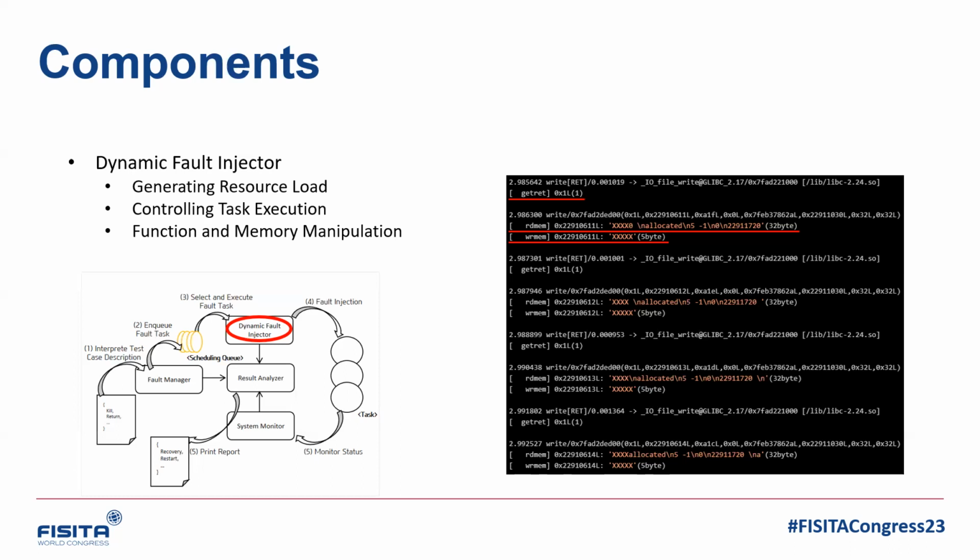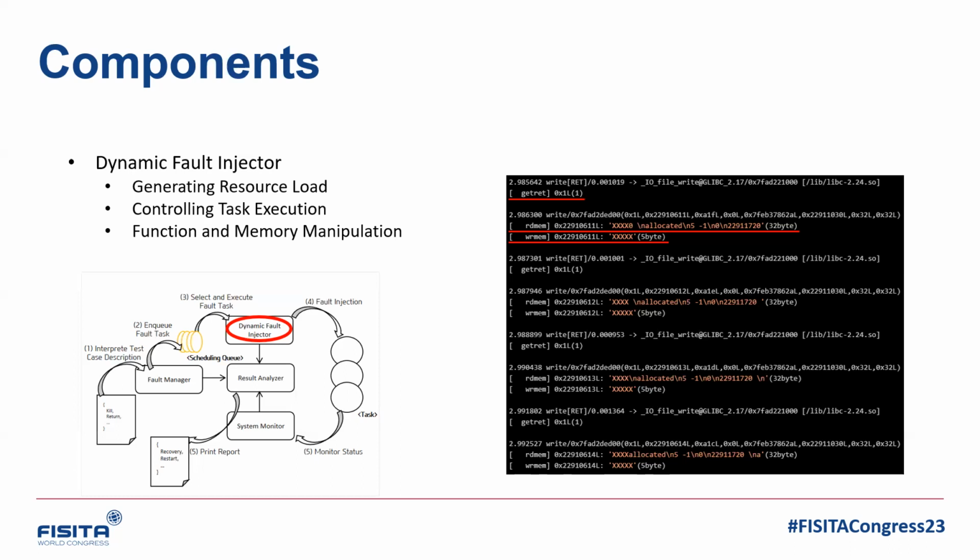We can evaluate the success or failure of the tests by checking key indicators such as whether the target task terminates, if the expected functions are called, if excessive CPU usage is avoided, and whether the values at specific memory addresses align with expectations.